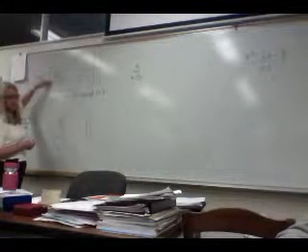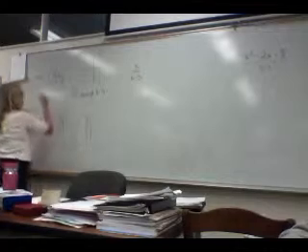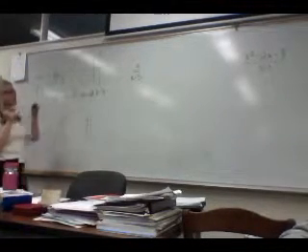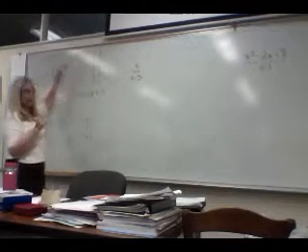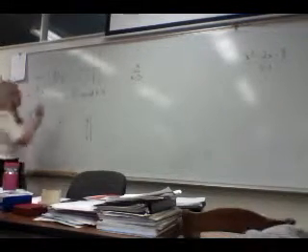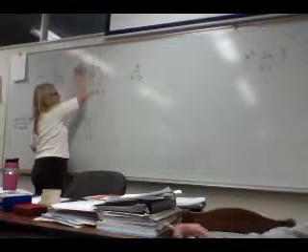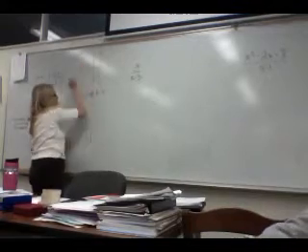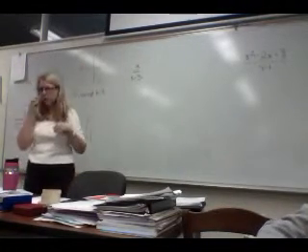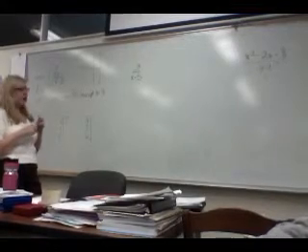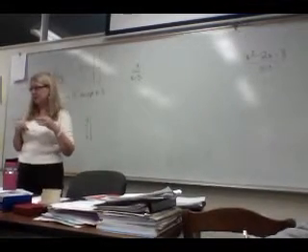And this one? 1. And 1 over 1 equals 1. So our horizontal asymptote is y equals 1. We go to the 1 here and draw a horizontal line through y equals 1. It's never going to touch there either.